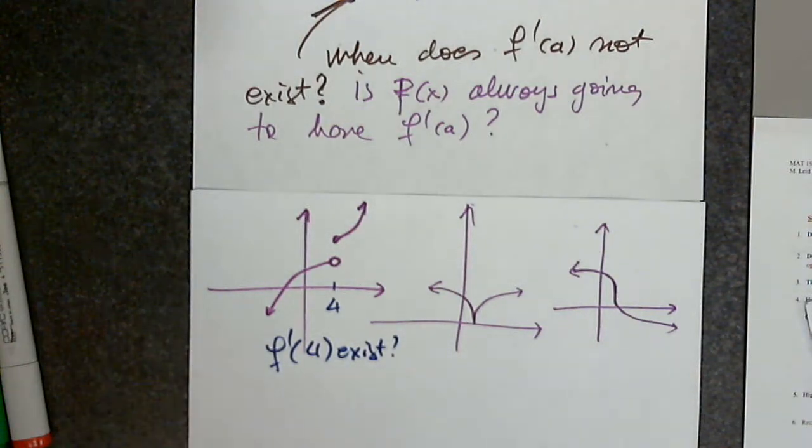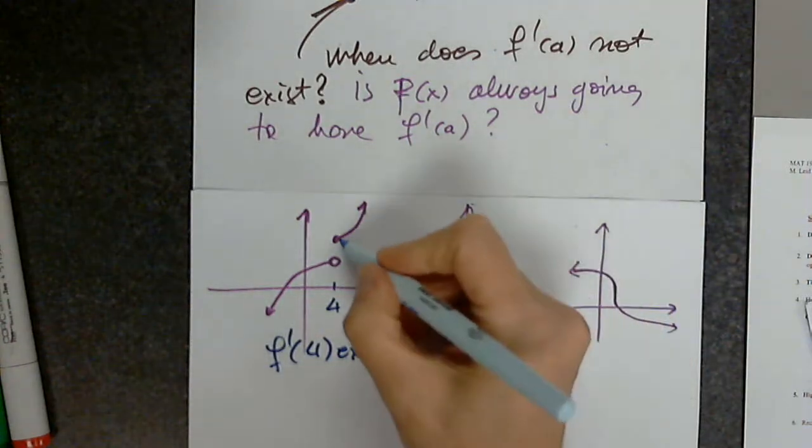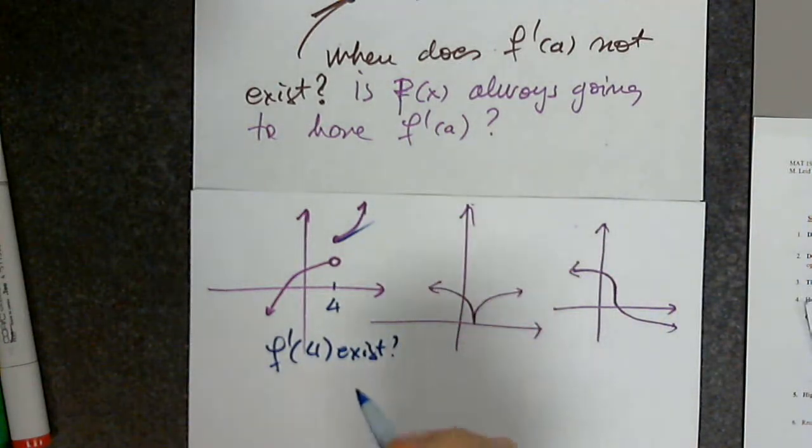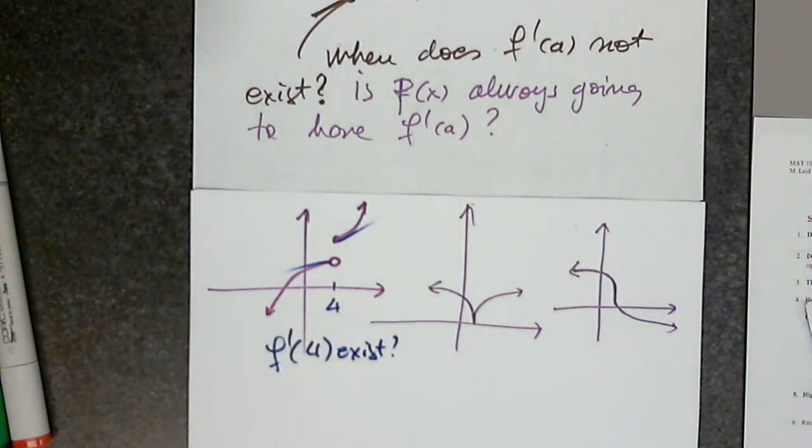I have to show you a tangent, and from both sides of the point, the tangent is the same. At this point, I have this tangent, and at this point here, I have this tangent. Do they have the same slope? Are they the same?